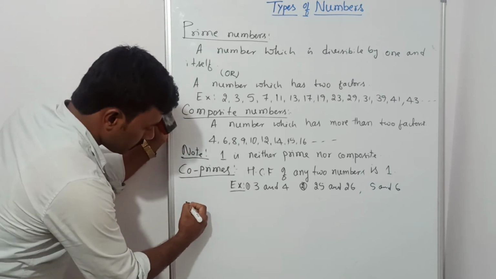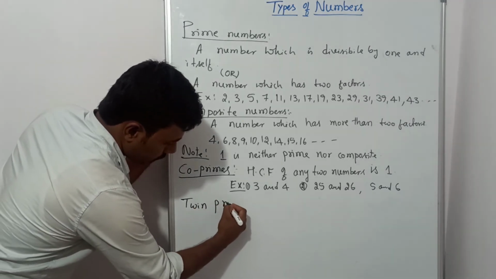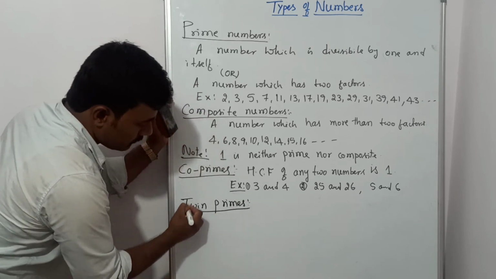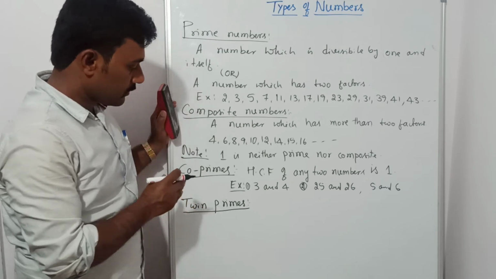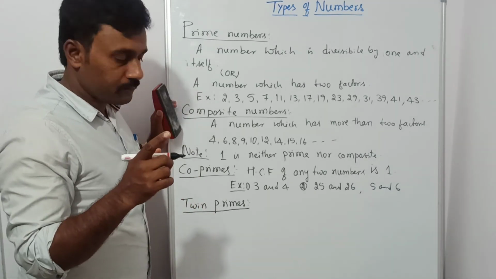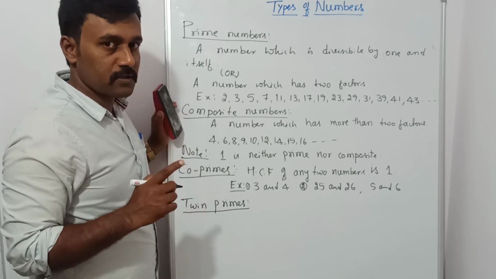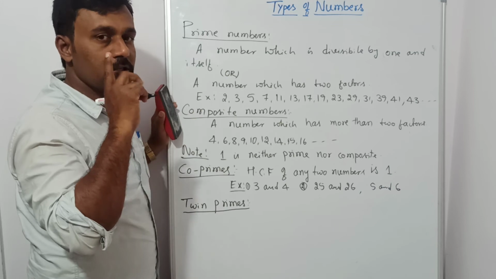In the same way, the next one is twin primes. Whatever numbers we consider, both numbers should be prime. This is one condition. Another condition is that the difference between those prime numbers must be 2.